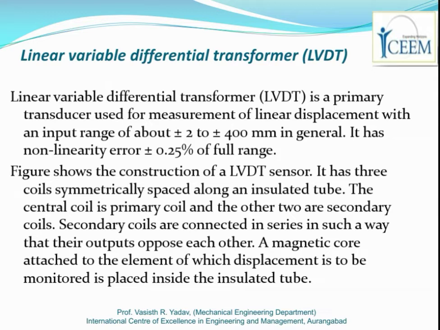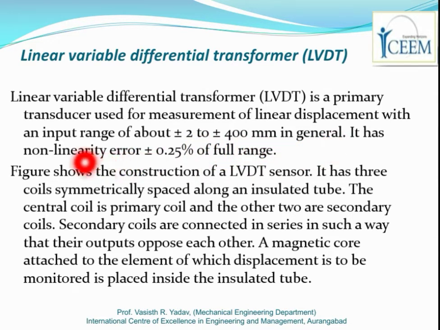We also commonly know this transformer as a transducer. So we can say that an LVDT is a prime transformer used for measurement of linear displacement with an input range of ±2 to ±400 mm in general.